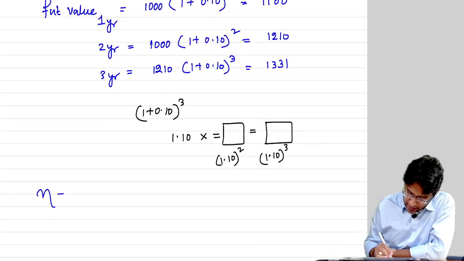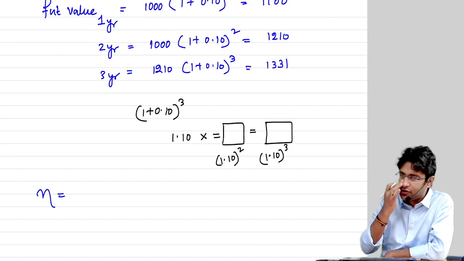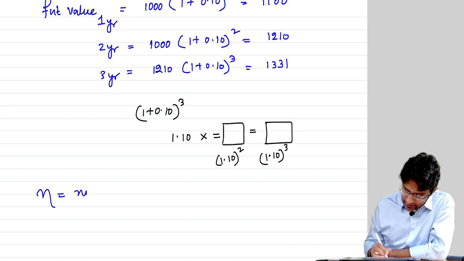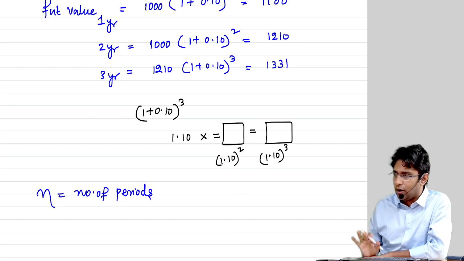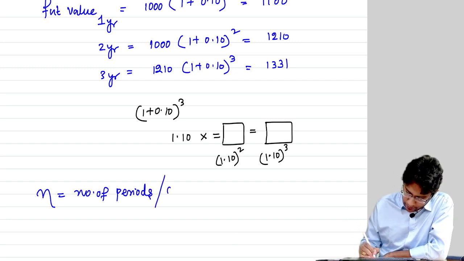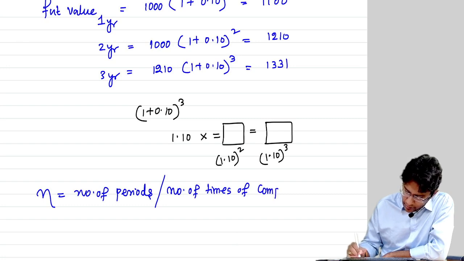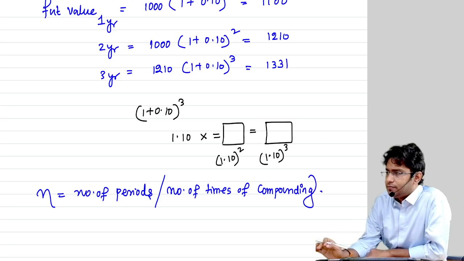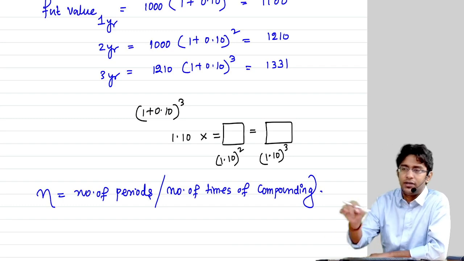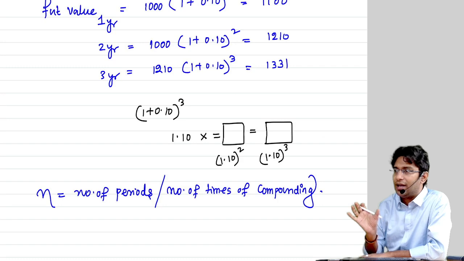In the textbooks, n is called the number of periods, or number of times of compounding. Never remember it as years. N is not years. It coincidentally can be years, but remember it as periods.